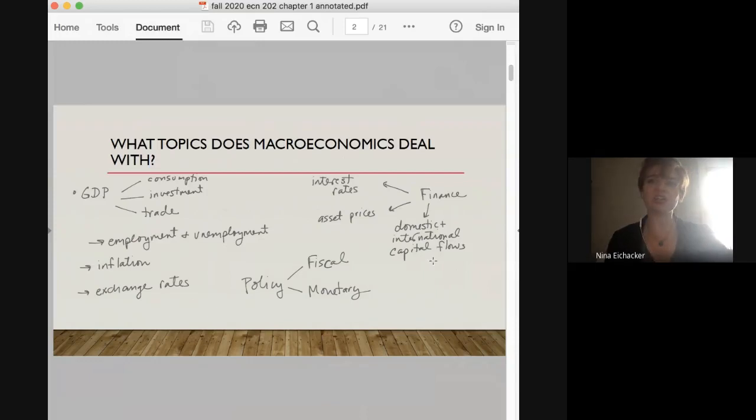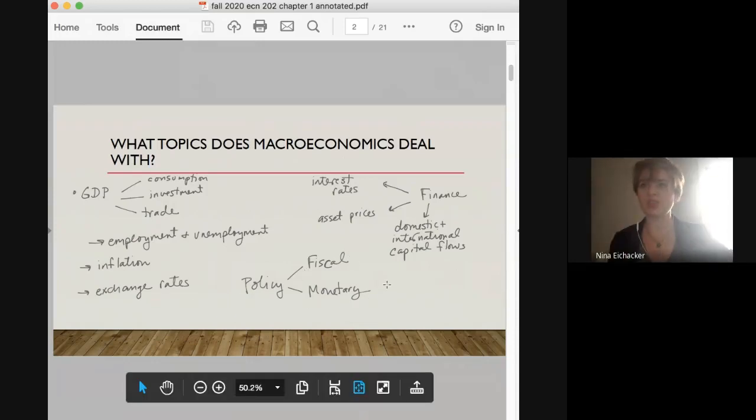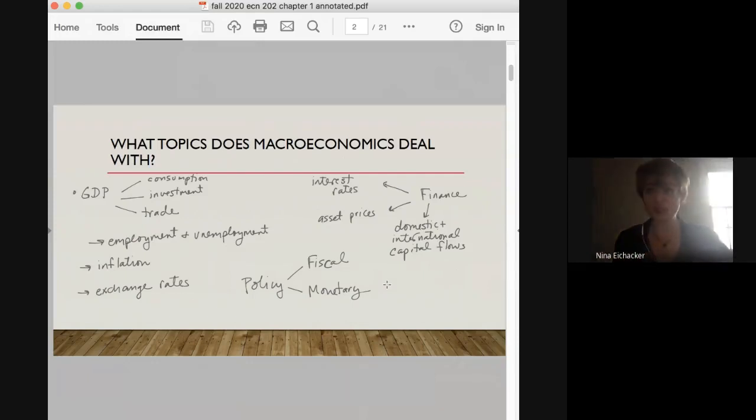And then finally, a huge component of macro is thinking about policy. Thinking about fiscal policy, which is where we think about governments spending and governments taxing, and also monetary policy. So anyone who's been thinking about the Federal Reserve has been thinking about interest rates and the quantity of money circulating in the economy as a whole.